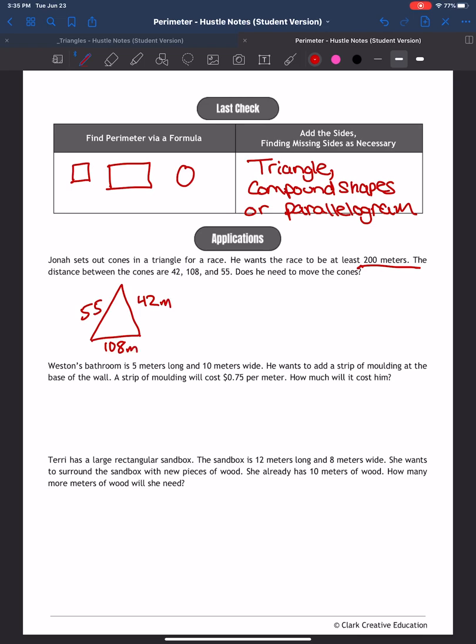So if these are all in meters, you have 42 plus 55 plus 108. 42 plus 55 is 97, plus 108 would give us 205. 205 meters. Does that work out? Yes, it does. So he does not have to move the cone.